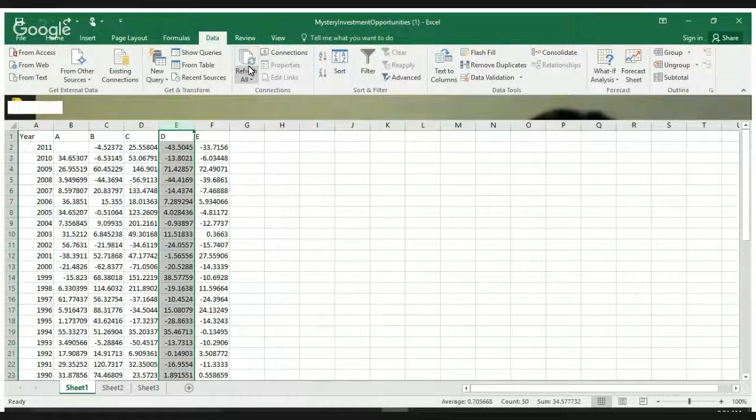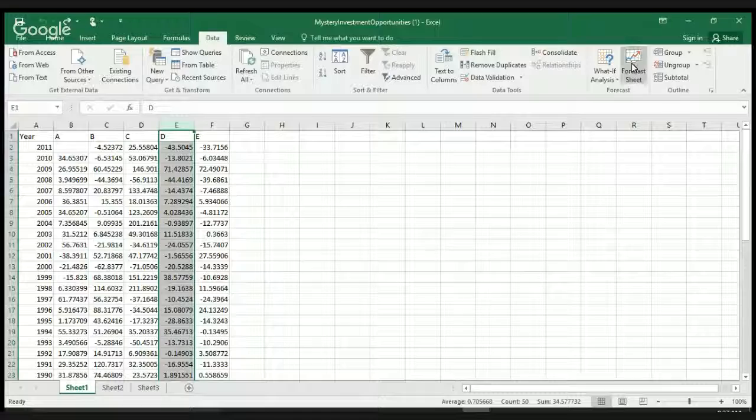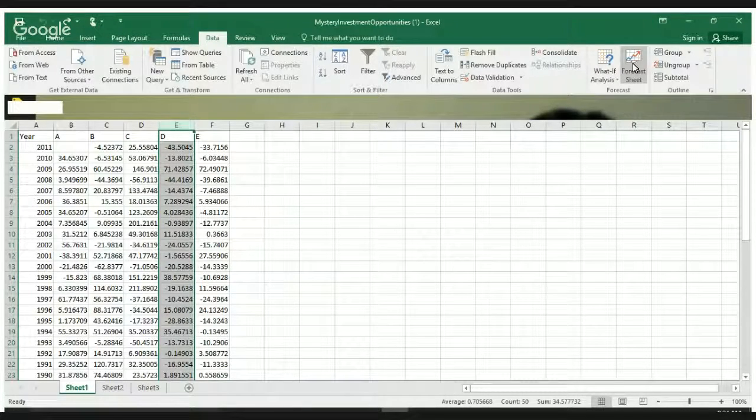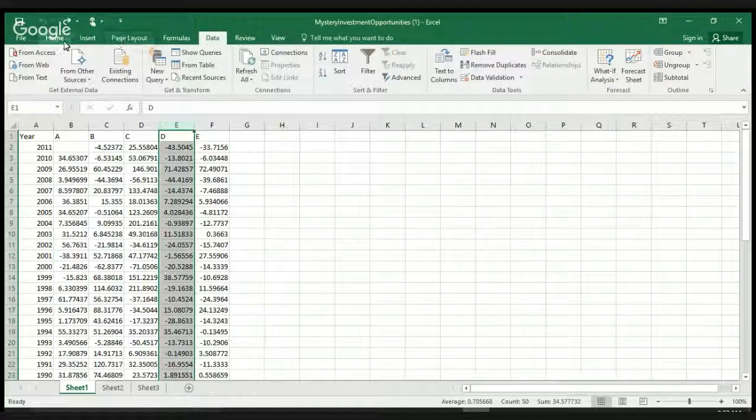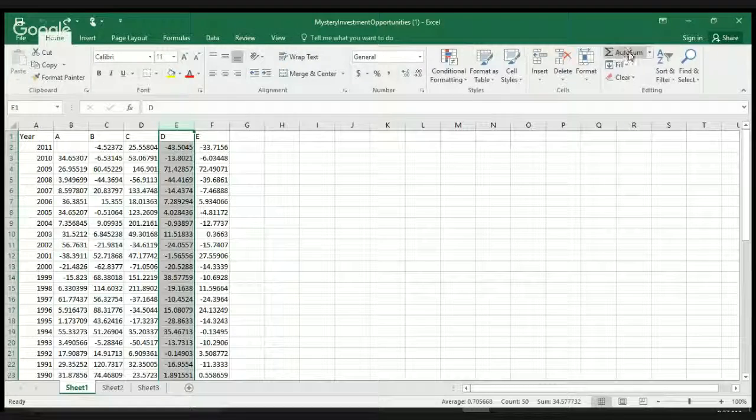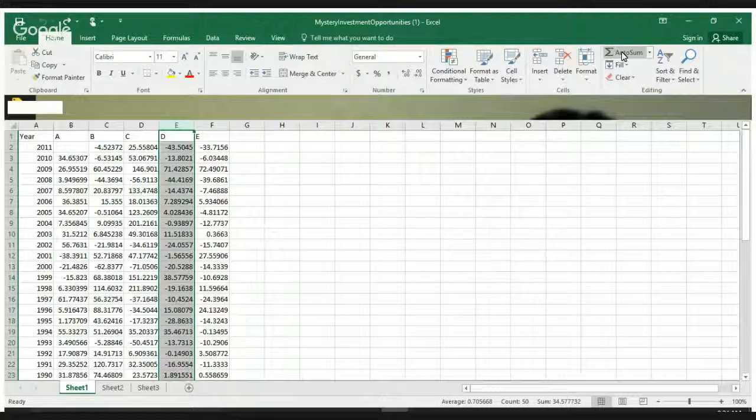Filtering, grouping, what-if analysis. I'm sure one of those is probably it, some kind of analysis. On the home screen, it has the statistical, see the AutoSum there? Is there a statistic? Click on the little arrow on the right, because those are just formulas that you plug in.